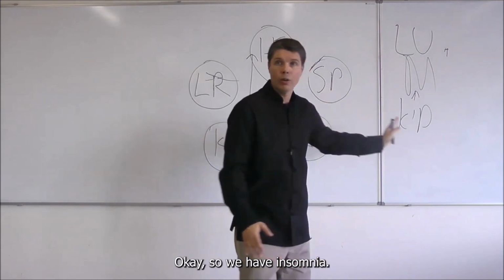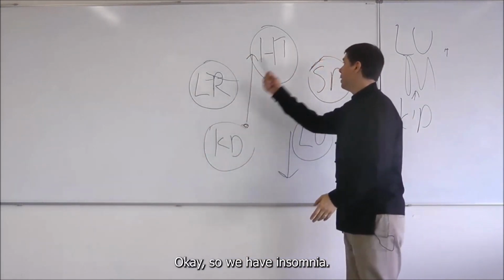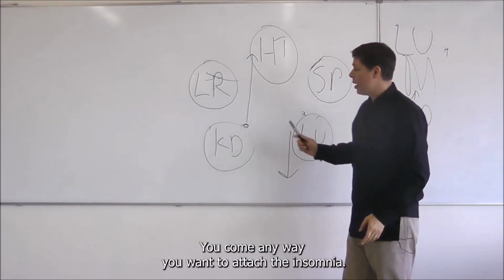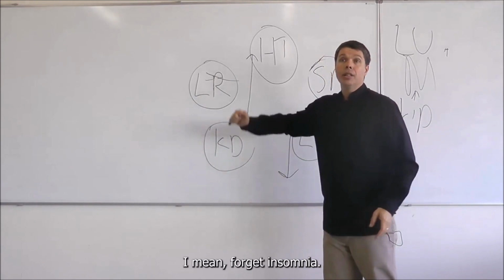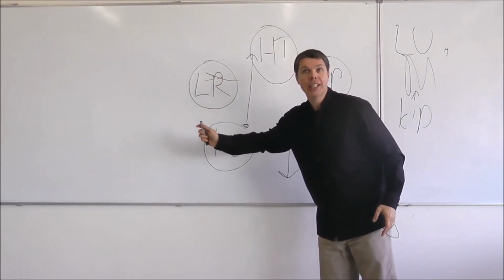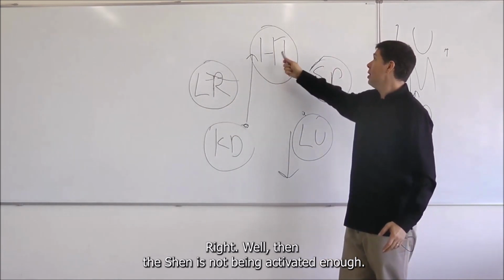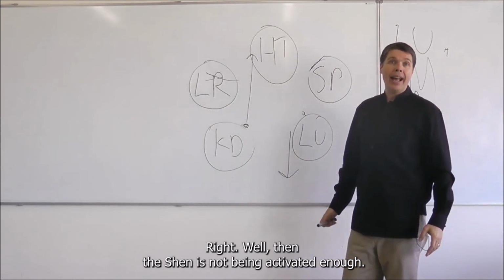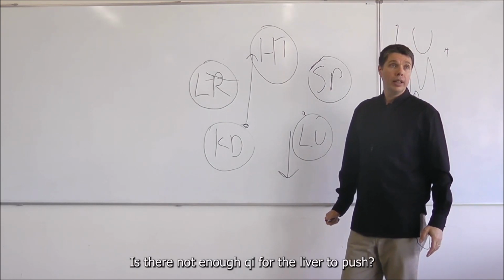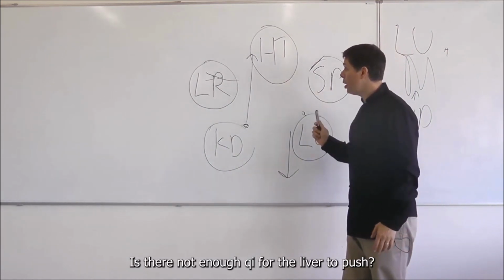Okay? So, we have insomnia. You go right around it. You come any way you want to attach the insomnia. I mean, forget insomnia. Somnolence. Well then, the shen is not being activated enough. What's going on? Is there not enough qi for the liver to push?